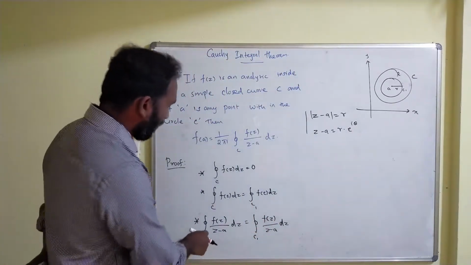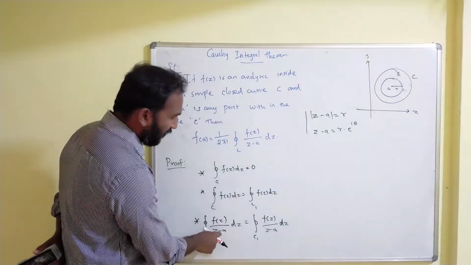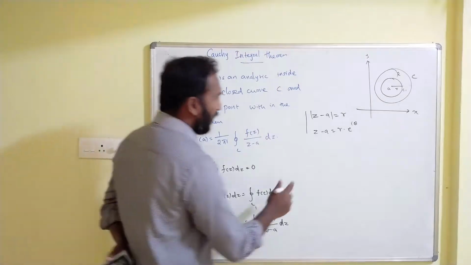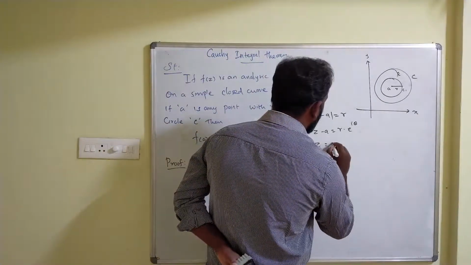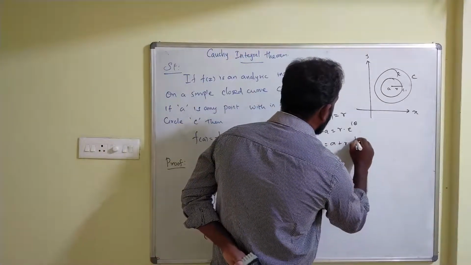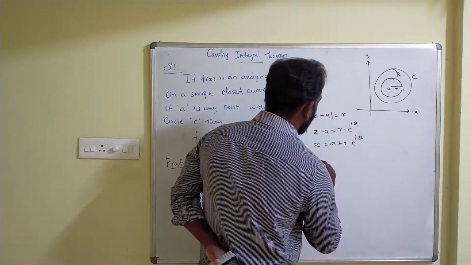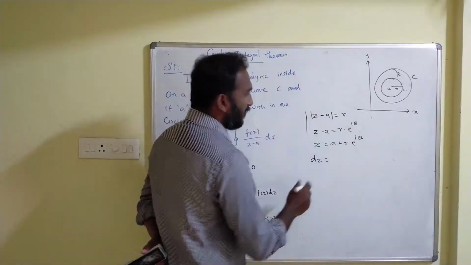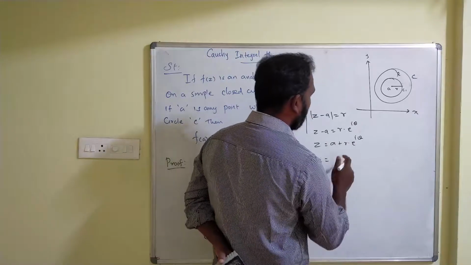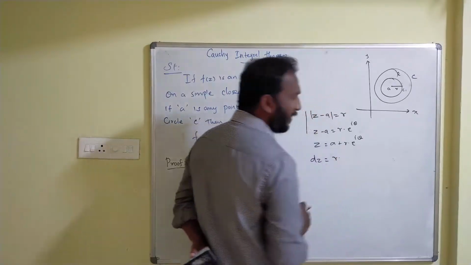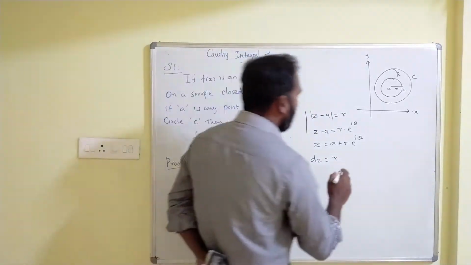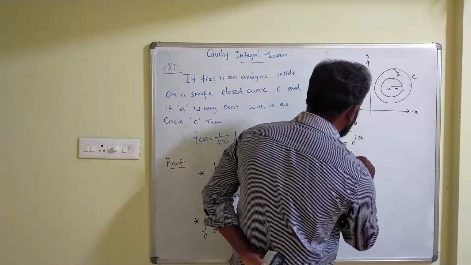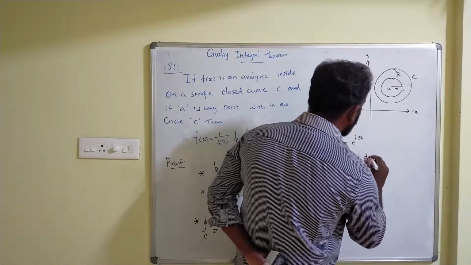Now here we need to find f of z and dz. Therefore z is equal to a plus r into e power i theta. Then what about dz? Just differentiate: you will get 0 plus r, the radius, which is a constant, into e power i theta into i, and d theta.